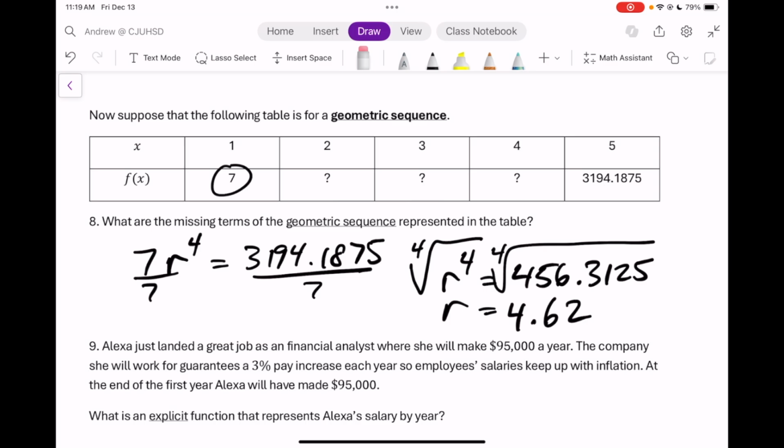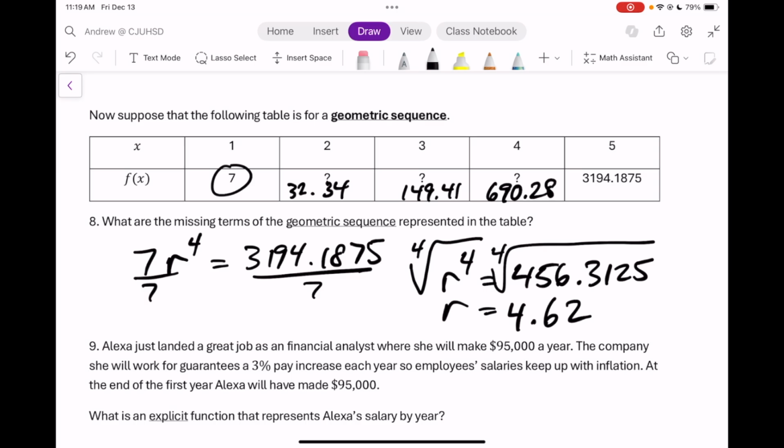So that means that these numbers are 7 times 4.62 is 32.34, times 4.62, 149.41. I rounded that, and that times 4.62, 690.28.